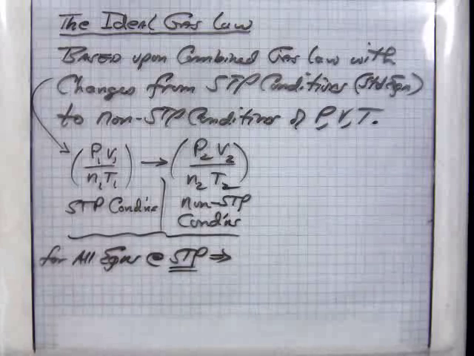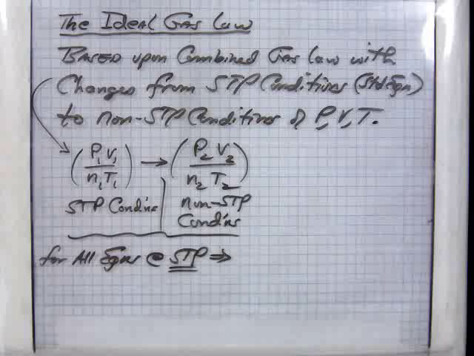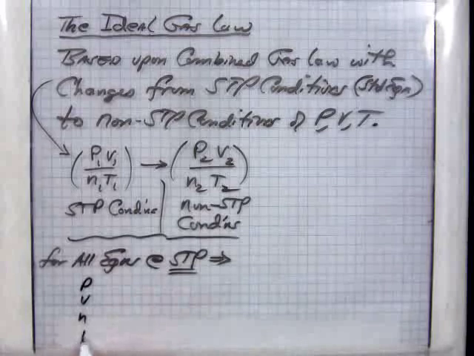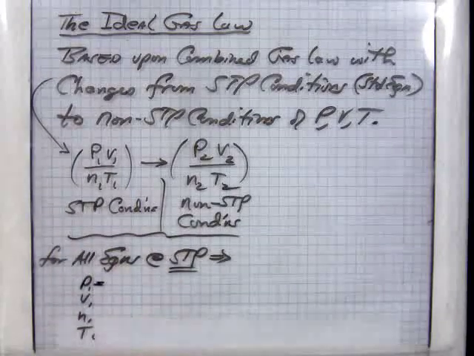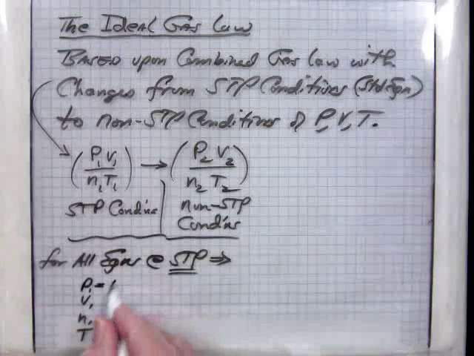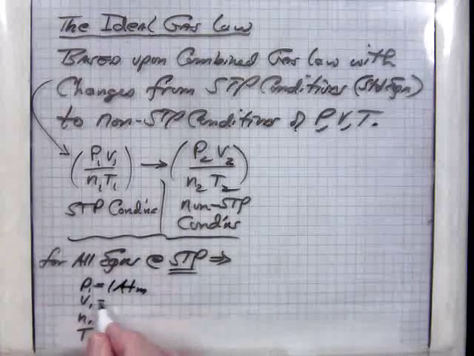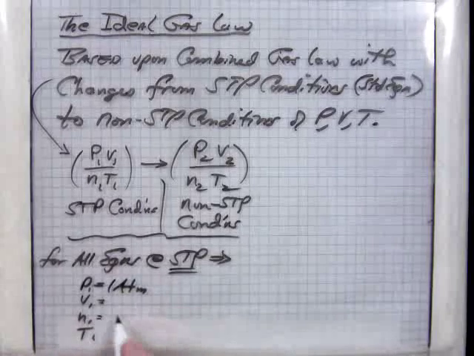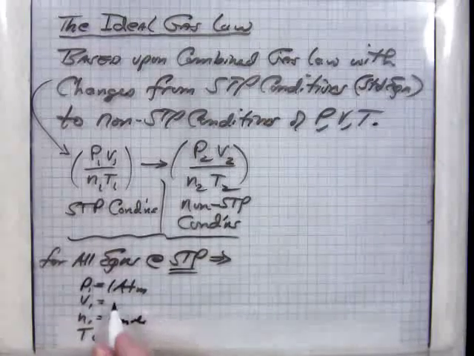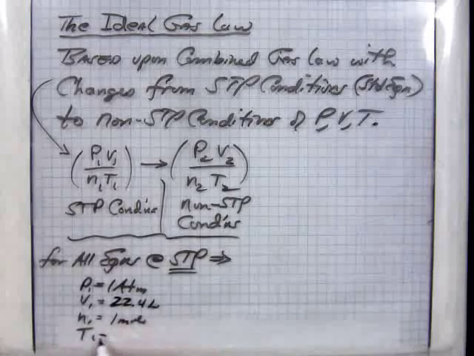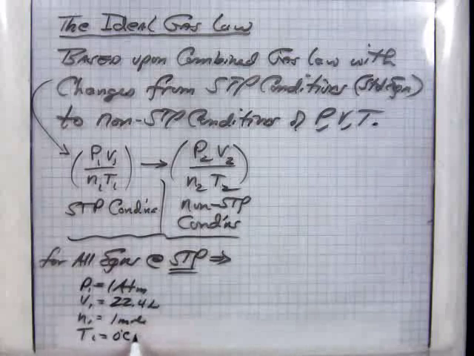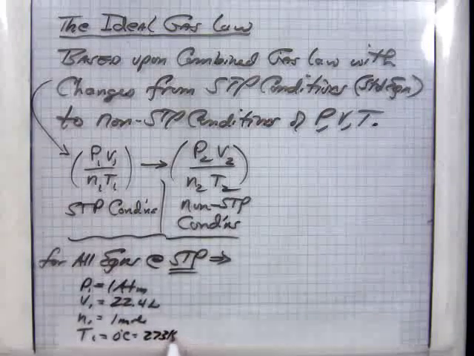Now watch what I do here. If you've never seen this before, it will be a revelation. P, V, N, and T standard: 1, 1, 1, 1. That's our standard conditions. What's the standard pressure? 1 atmosphere in SI. What's the standard volume, given that we're talking about 1 mole at STP? 22.4. And the temperature is 0 degrees Celsius, but we have to be in Kelvin, 273.